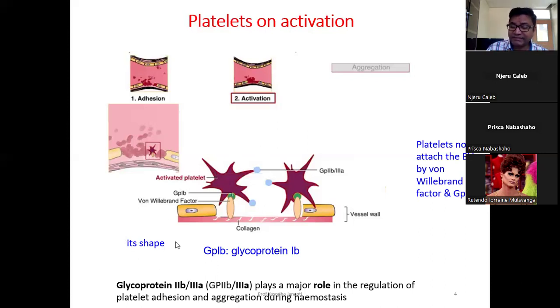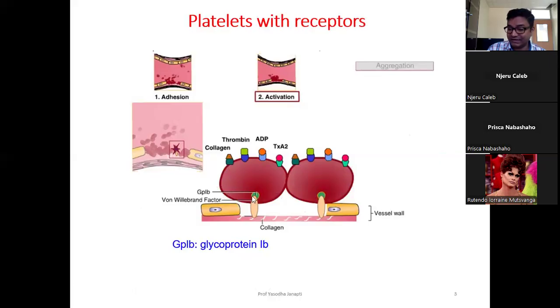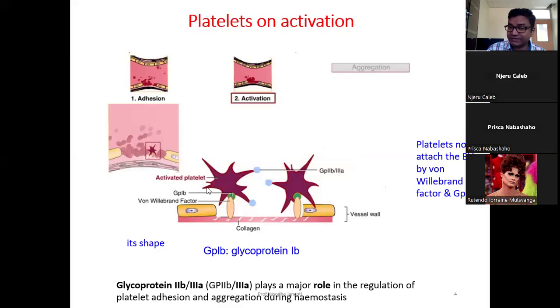So its shape is changed. Previously it was like an egg, an oval shape. Now its shape is changed, the surface area is increased, and interlocking occurs.